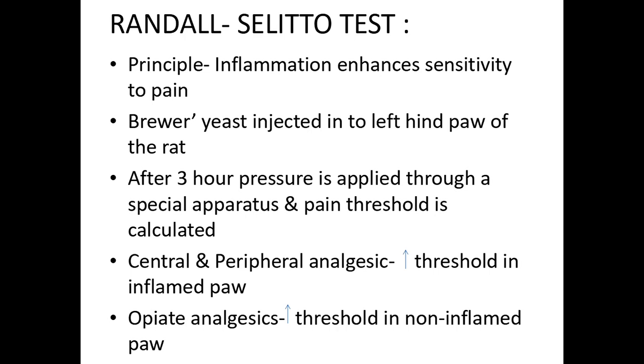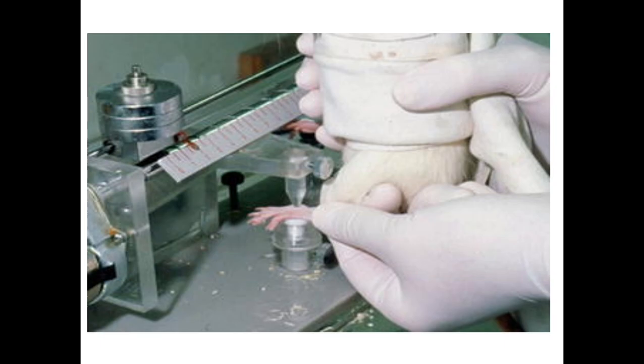Central and peripheral analgesics increase the threshold in inflamed paw, but opioid analgesics increase threshold in non-inflamed paw. So this is a chemical method of test. So this is the Randall-Selitto test showing in the image.